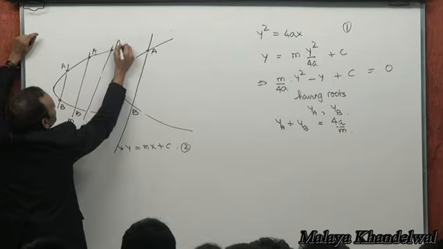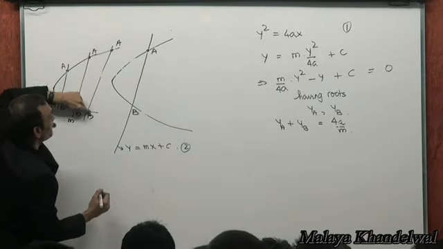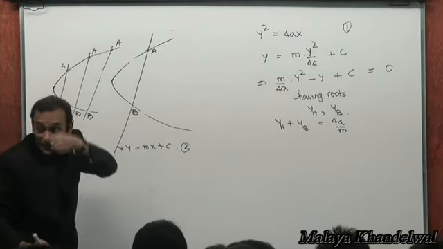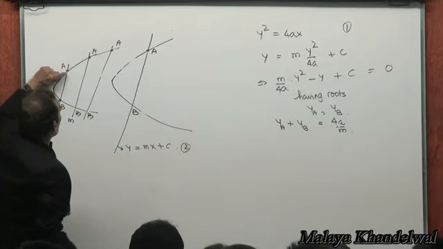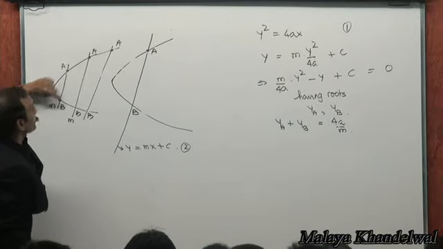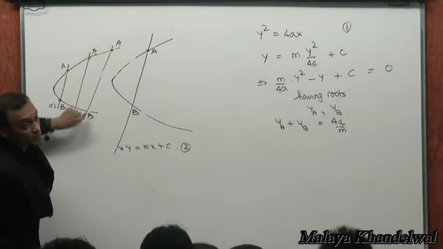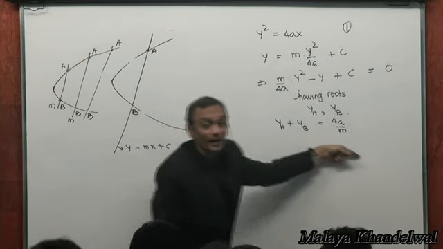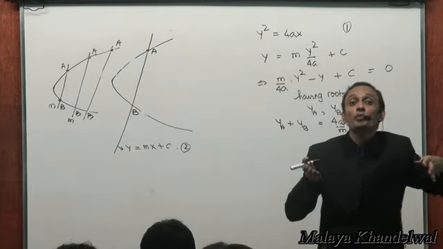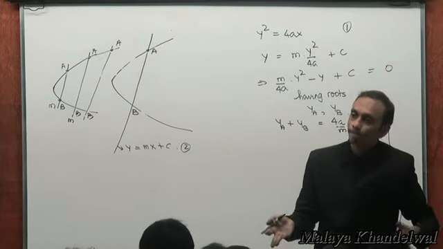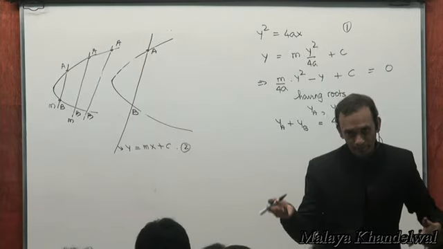If you take this line of slope m, then the y of A and y of B will still be 4a by m. That means if you are seeking a set of parallel lines, then y of this plus y of this must be the same as y of this plus y of this, must be the same as y of this plus y of this. Each will be 4a by m, which will be a property for a set of chords of slope m, right?